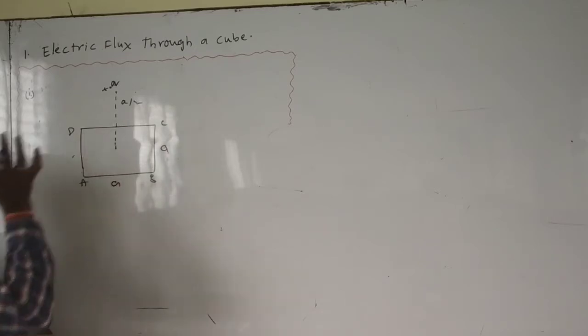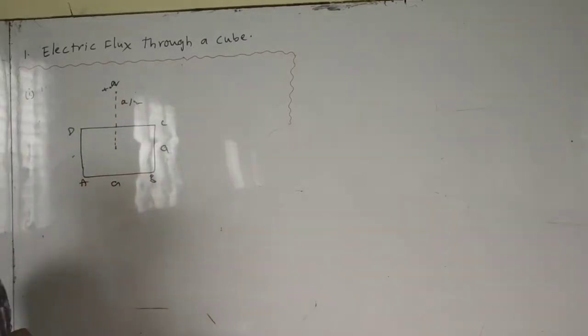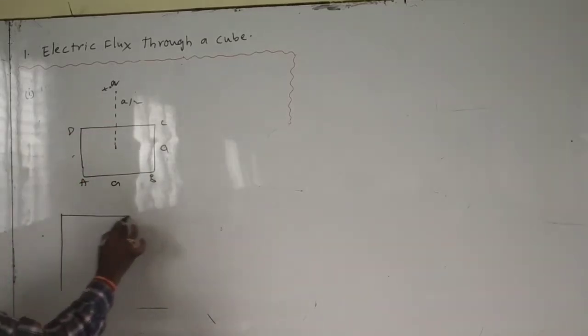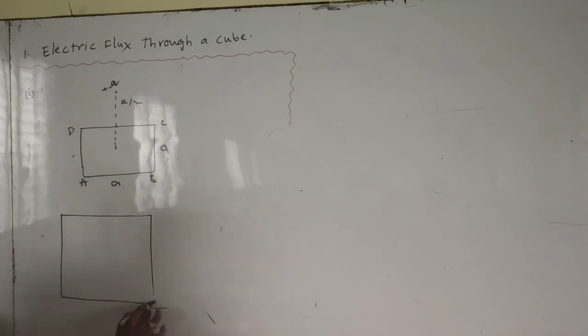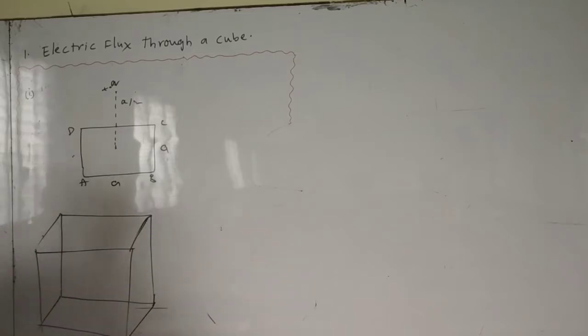calculate the flux passing through this surface, we have to construct the Gaussian surface, a Gaussian cube around the charge. So now we are constructing the Gaussian surface, the Gaussian cube around the charge plus q that is present. Now how much is the flux linked with this surface A, B, C, D?